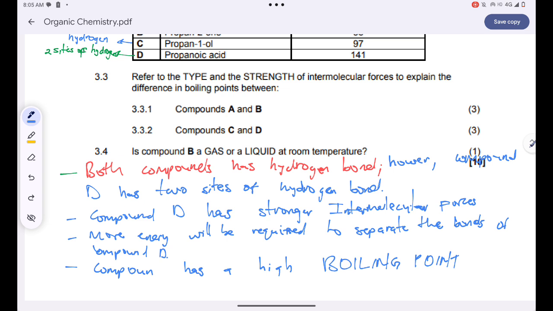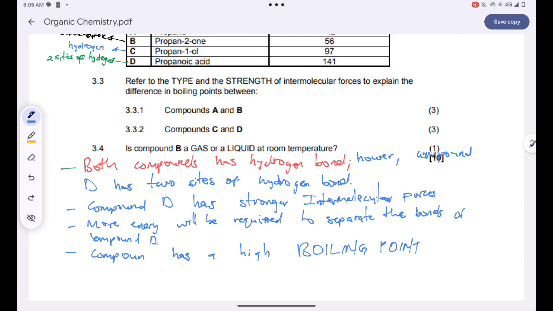Are you together? Okay, so if we wanted to contrast, over here, guys, I contrasted between the two compounds by just focusing on compound D. Compound D was my reference. But if I wanted to make compound C my reference, I would have said that yes, both compounds have hydrogen bonds. However, compound C has only one site of hydrogen bond.